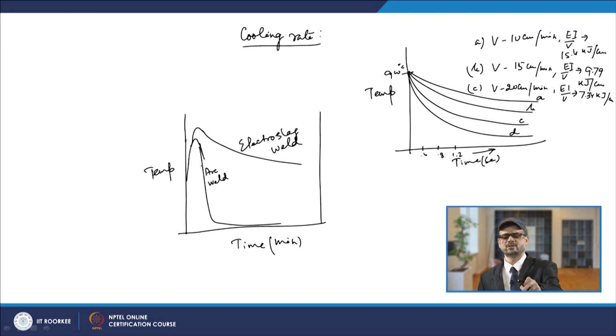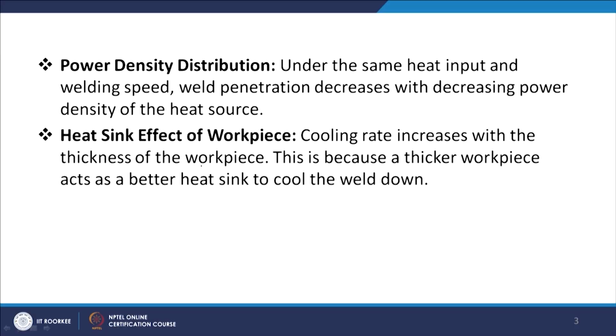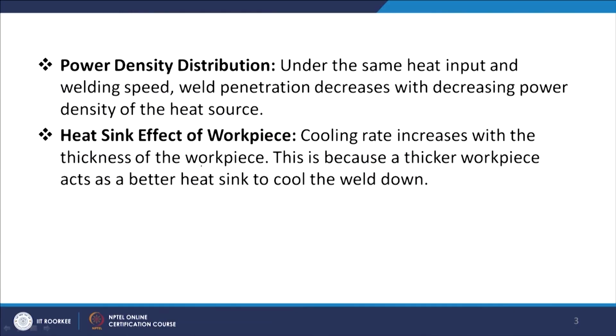The next parameter which is important is the power density distribution. The power density distribution of the heat source is an important parameter, and under the same heat input and welding speed, the weld penetration will decrease with decreasing power density of the heat source.